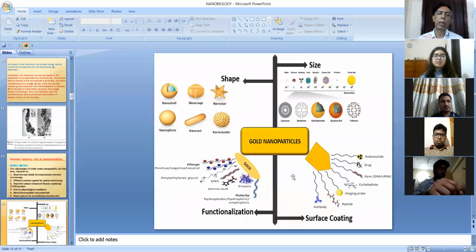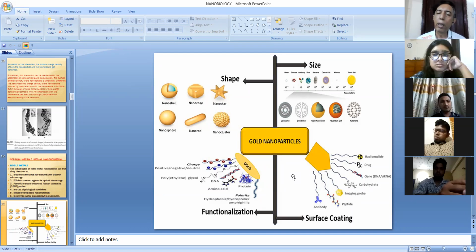So they can be differently shaped, they can be attached to different biomolecules, they are detectable and they are biocompatible. So we use gold or silver nanoparticle mainly as nanomaterial, or iron nanoparticle is used as magnetic material.